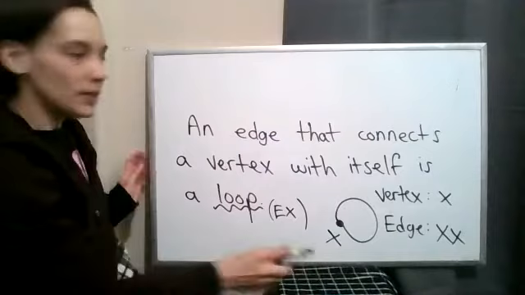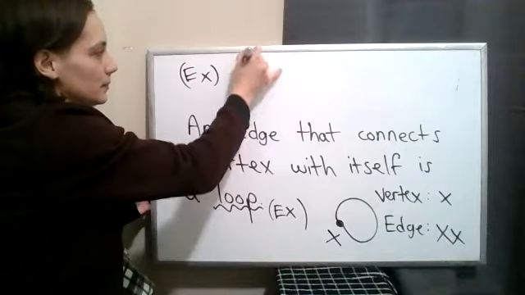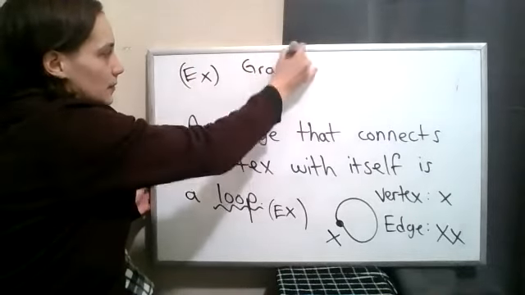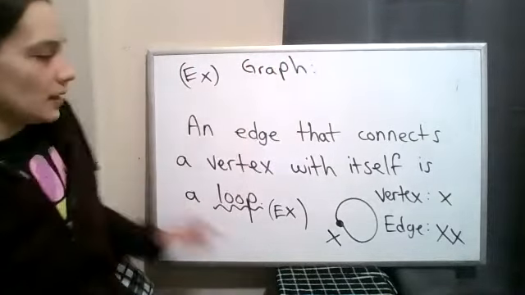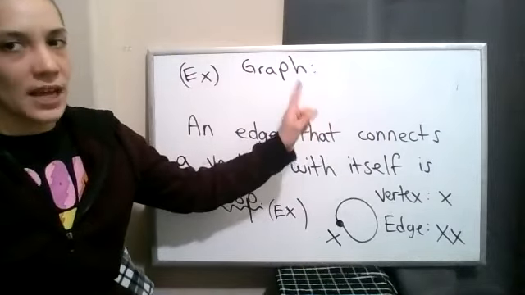So one more example for loops. That was the first graph. The next graph is a triangle, and one of the corners has a loop.